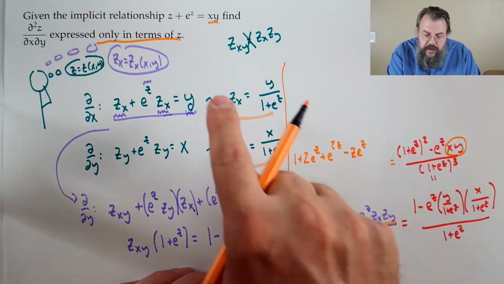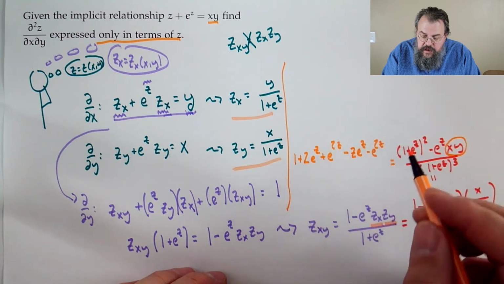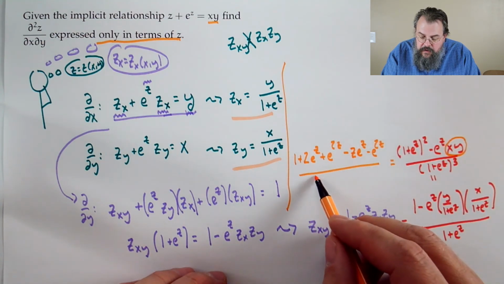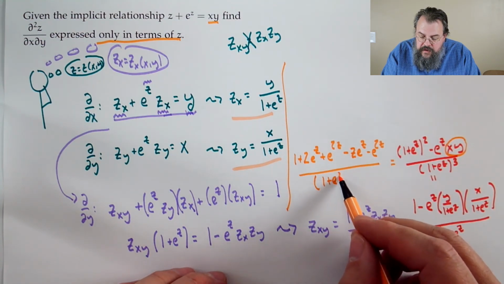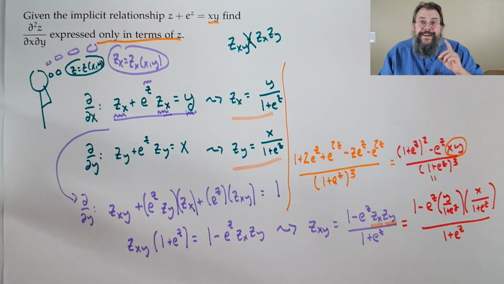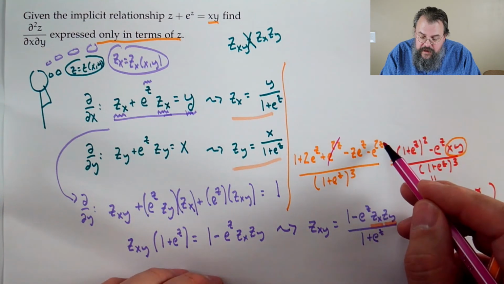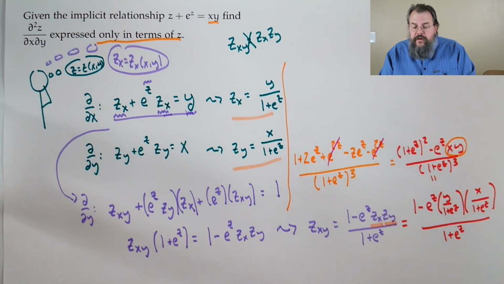And then e to the z times e to the z will be e to the 2z. All of that over 1 plus e to the z quantity cubed. And we say, aha, beautiful things are happening. The e to the 2z's cancel. And so we have now our final answer.